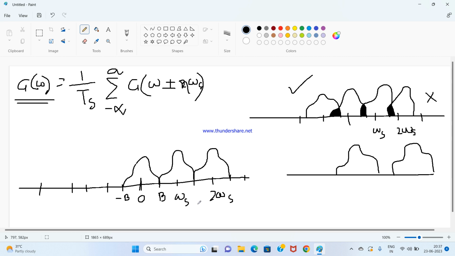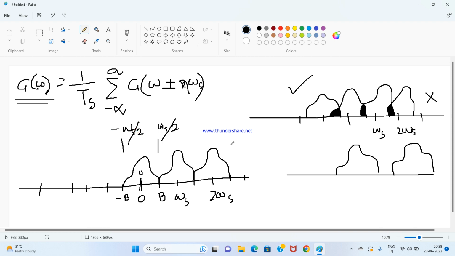So now you see this is my 0 and this is my omega s. This point is omega s by 2, and this point is minus omega s by 2.